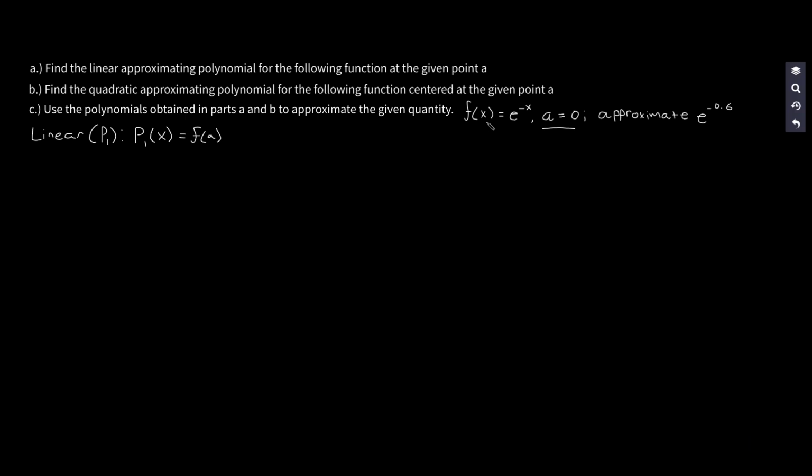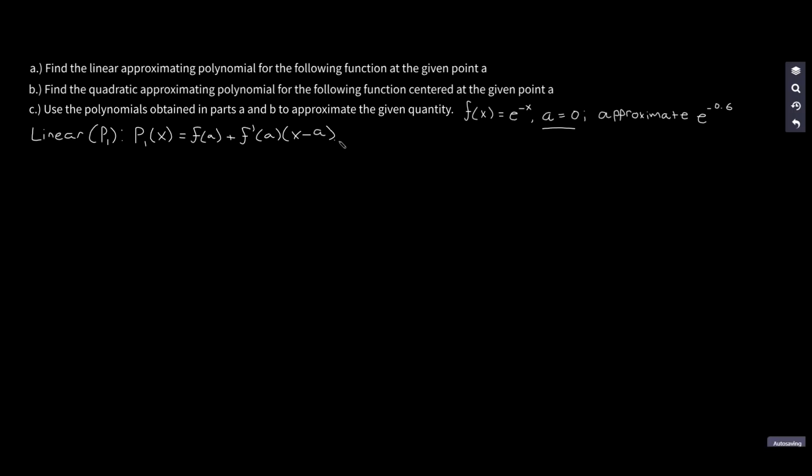Well, we have our function, and we're going to evaluate it at a. That means we plug in 0, which means we're just raising e to the power of negative 0. That's a little spoiler alert, but this is not the whole formula. f of a plus, and this is why we need the derivative, f prime of a times x minus a.